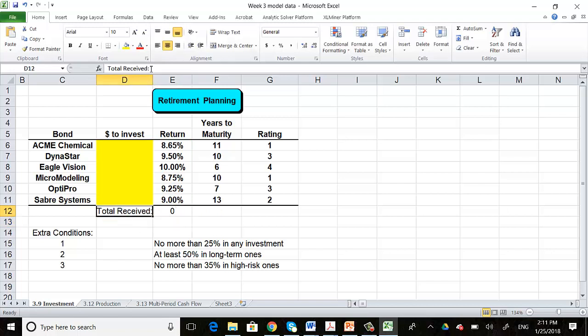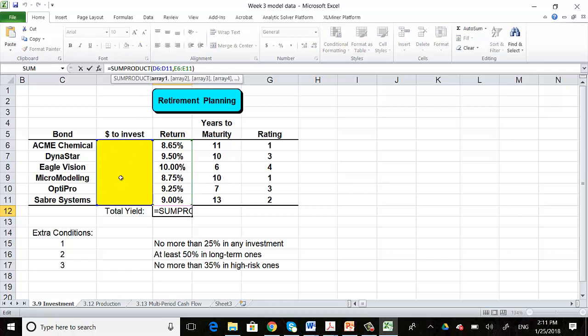I'm going to put it as total interest, total yield. So it's the sum product of your amount of money to invest and the return.